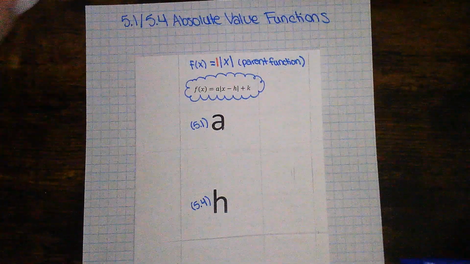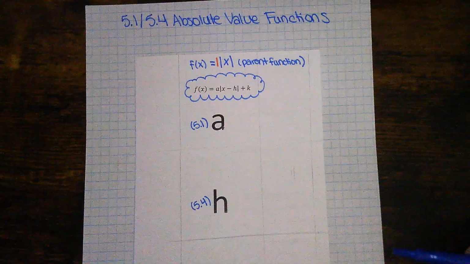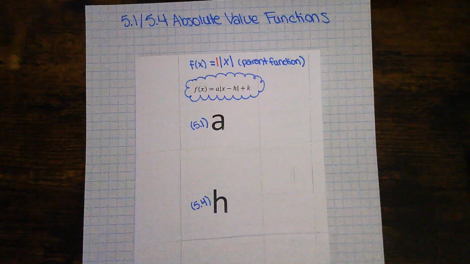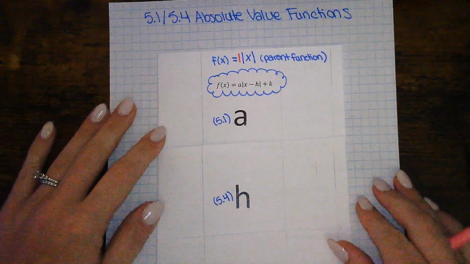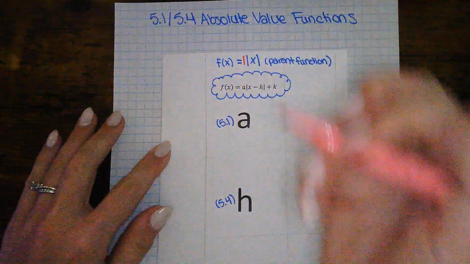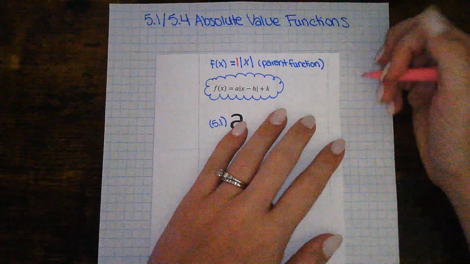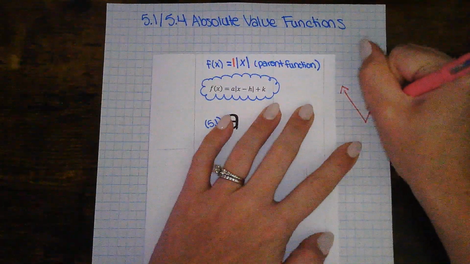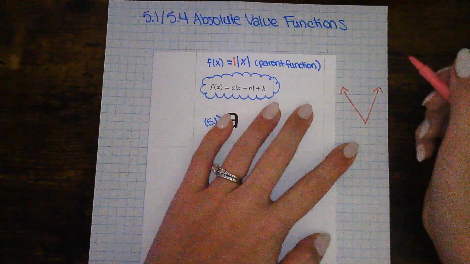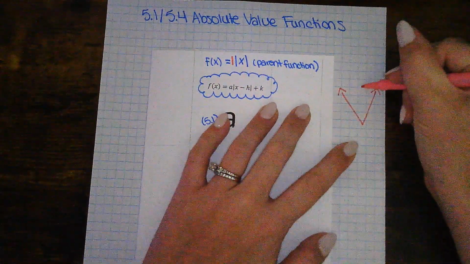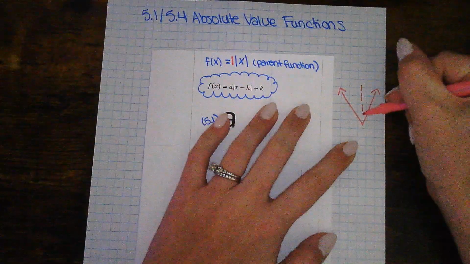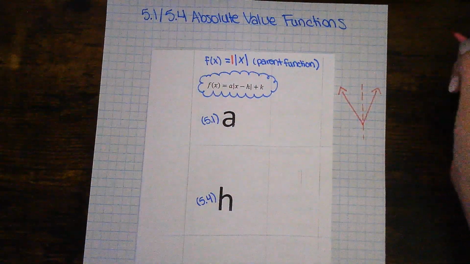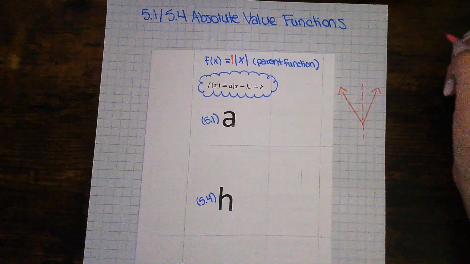When we change that number, it does some things to our absolute value function shape. Remember that that shape is in the shape of a V, right? It looks something like this on a graph, and it has symmetry, meaning it's a mirror image on either side of a line.